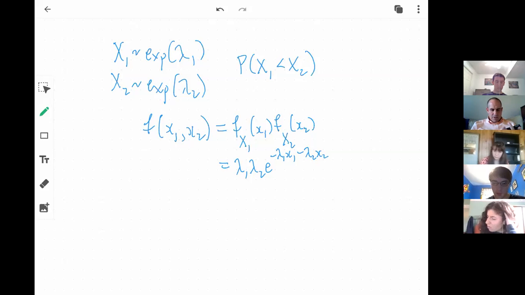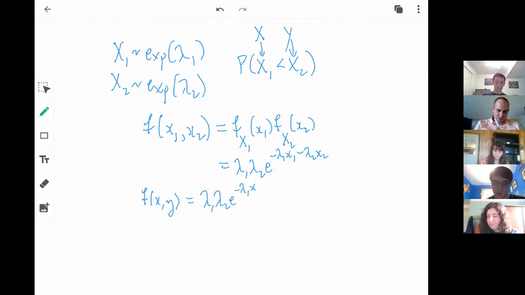Okay. And look, it's going to start getting annoying having to use all these x1s and x2s. I'm probably just going to start writing this guy as capital X and this guy as capital Y. So then f of x,y is just lambda 1 lambda 2 e to the minus lambda 1 x minus lambda 2 y, okay?